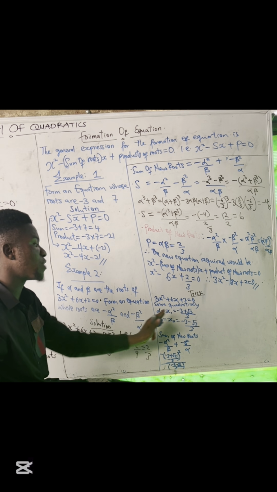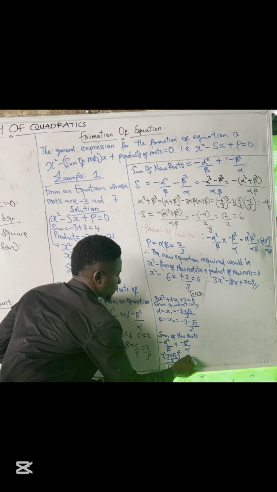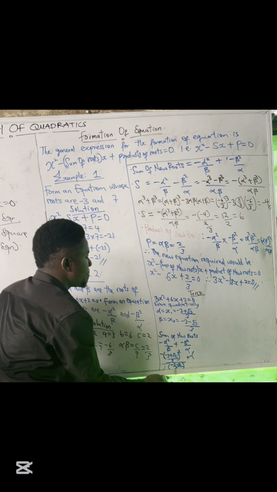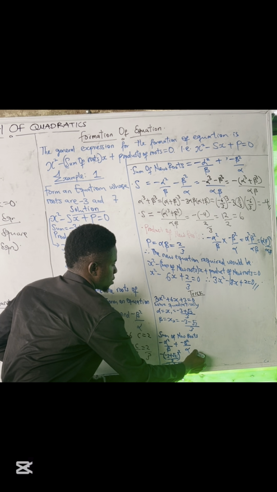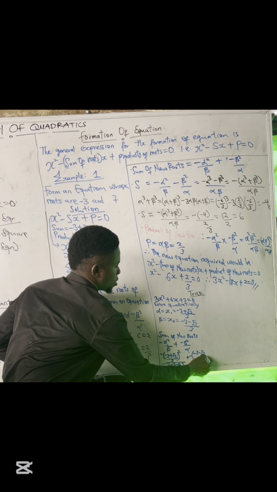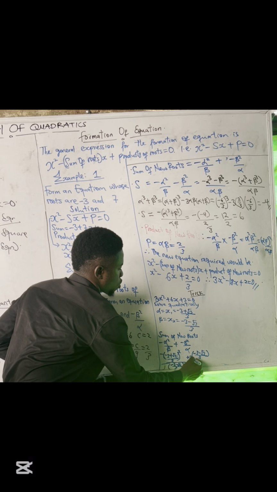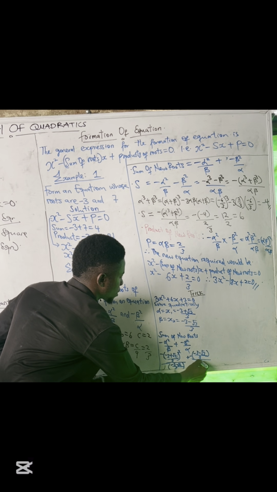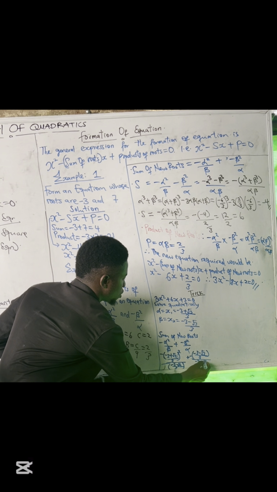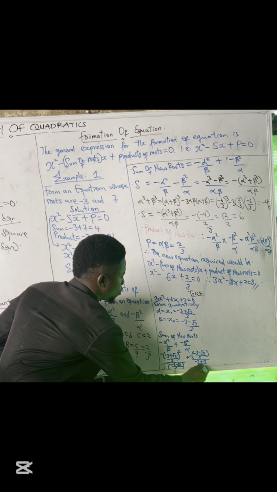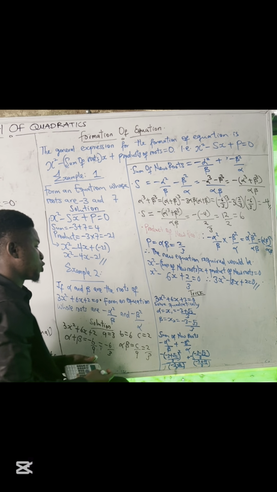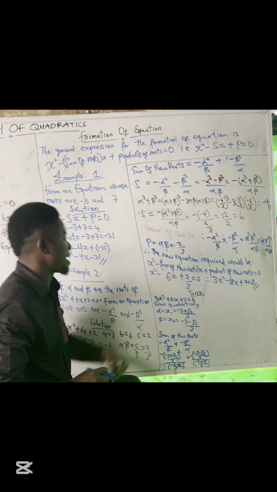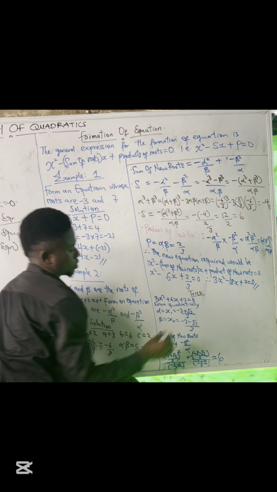This method is very sweet if you are using a calculator. Plus, open brackets. You know there is minus here, let's put the minus here. My beta is minus 3 minus root 3 all over 3, over alpha, and my alpha is minus 3 plus root 3 all over 3. So this is the sum of the new roots. If you add this plus this, guys, you are going to get 6.